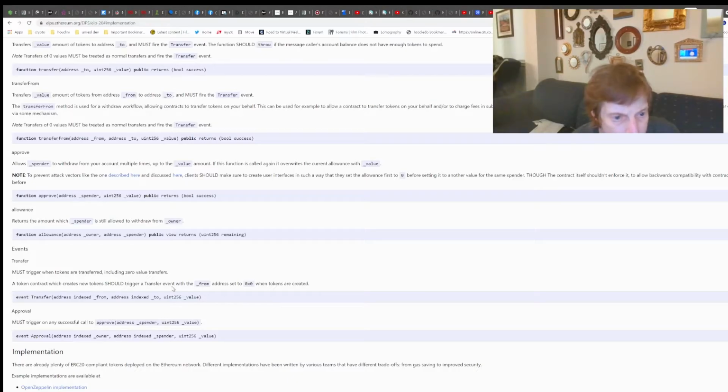So with the transfer, it should trigger the transfer event with the from address set to 0 when tokens are created, and it's also triggered when any tokens are transferred. So it's triggered either when a token is created or when you actually transfer tokens.